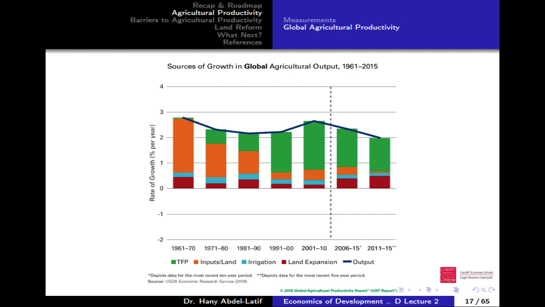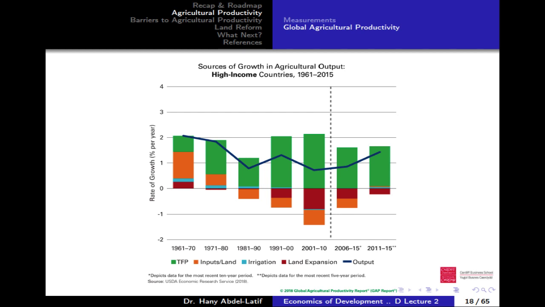So recently, it's mainly coming from total factor productivity growth, but in general, and on average, globally, the output growth is actually declining. And if you look at the land expansion, which is the red one, it's a very small fraction of this breakdown. If you look at this bar, it's very small. There's not much you can do about expanding the area that you're farming. But you have to make the process itself more efficient, which is that green part of this bar. If you compare this to high-income countries, as I said, I'll break it down.